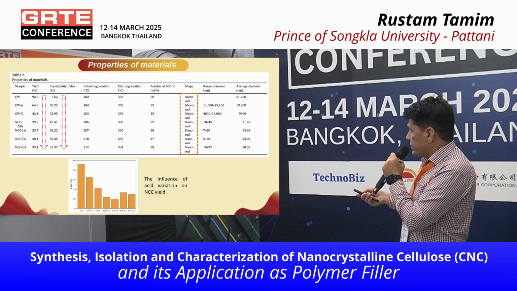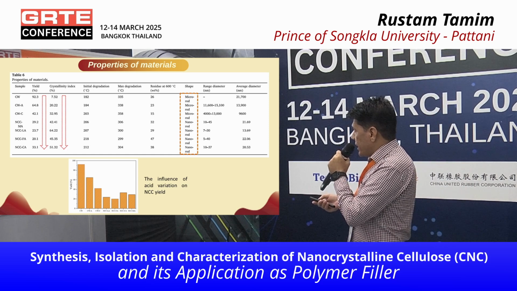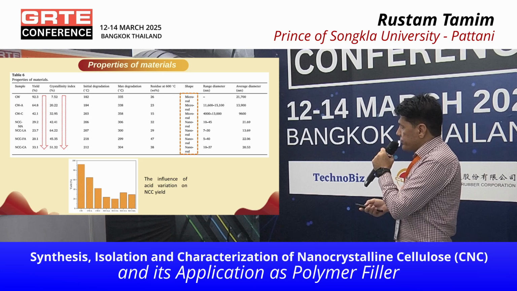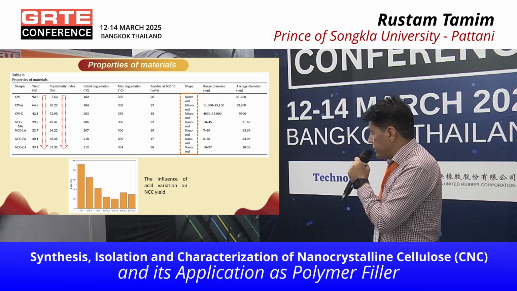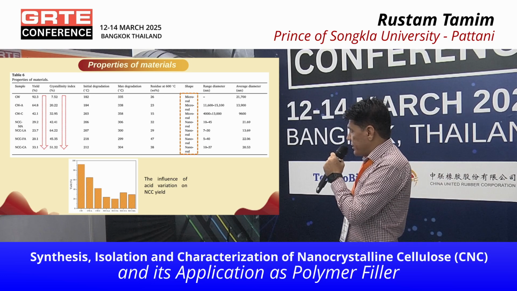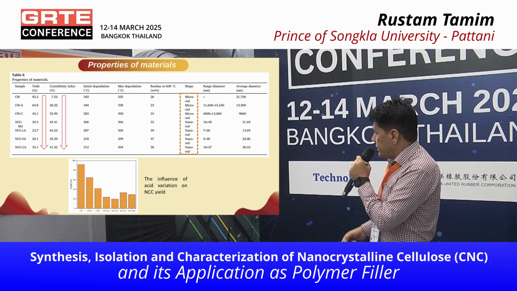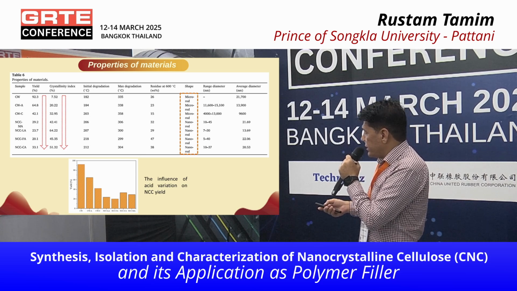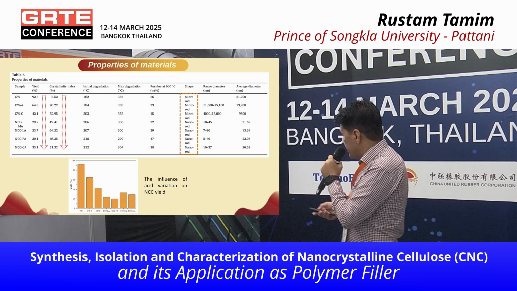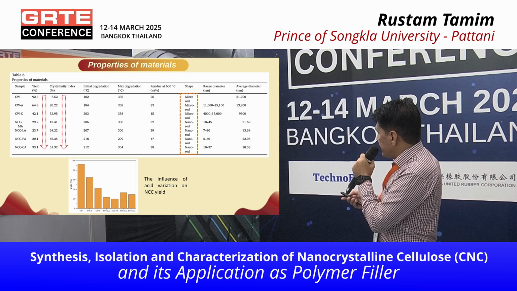Here you can see the properties of the materials from the starting material to the last one. The yield decreased, because the starting material has a lot of yield in the first step, and when you make it into nanocrystalline cellulose, the yield decreases, while the crystallinity index increases, and there is also a different shape.